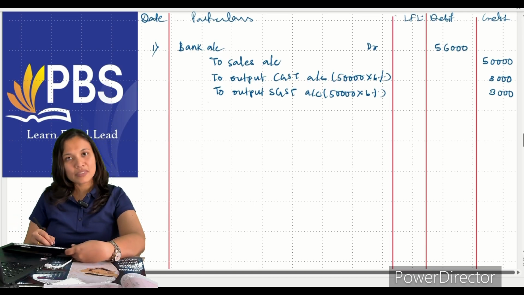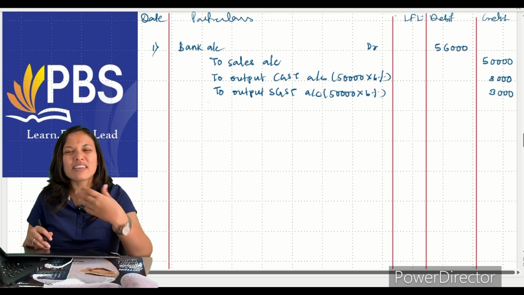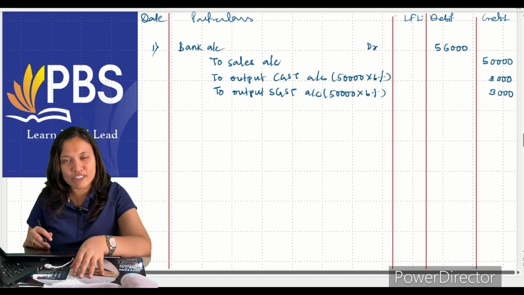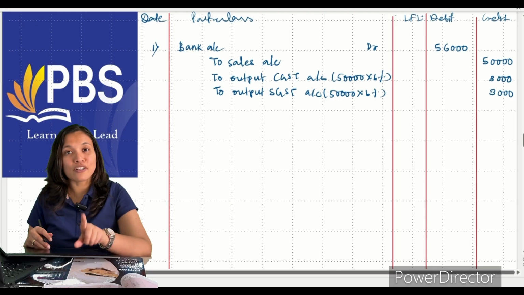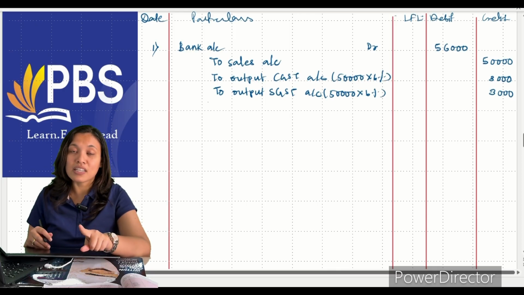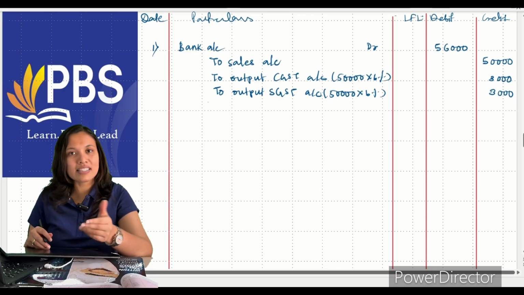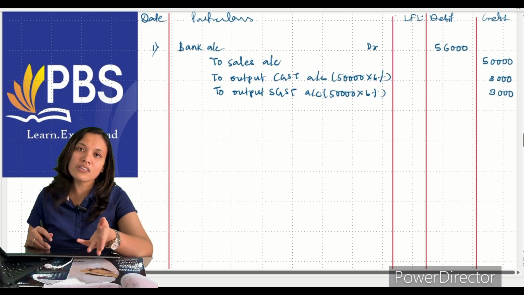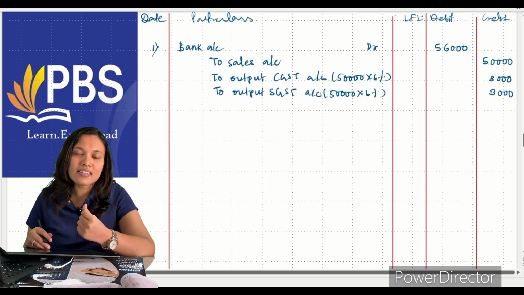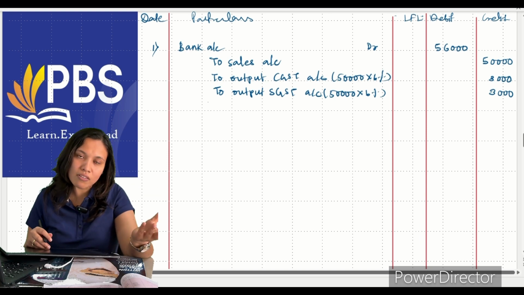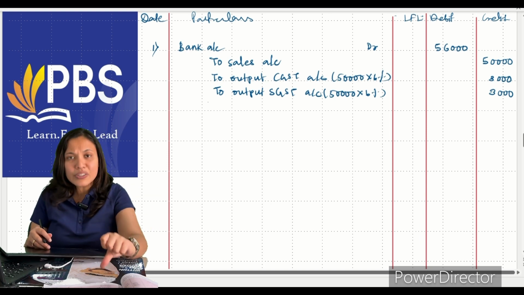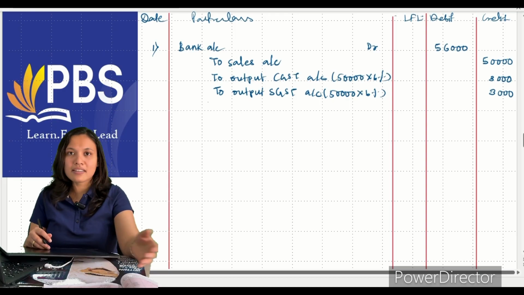56,000. Got it? So simple, like we have done for purchases, we are doing it for sales. But here we will not get inputs, we will get outputs, because on sales output tax comes and it is credited because sales is credited and this is also credited because we collect this tax on behalf of the government. It's our liability to pay it to the government or set off with the input tax.